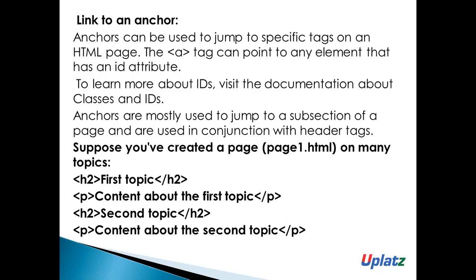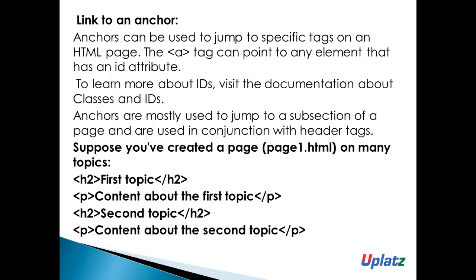So next is how to create a link to an anchor tag. The anchor tag can be used to jump to specific tags on an HTML page. So a tag can point to any element that has an ID attribute. To learn about ID and classes, you can visit any of the documentation.